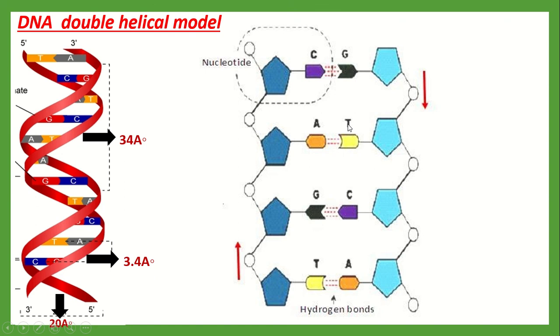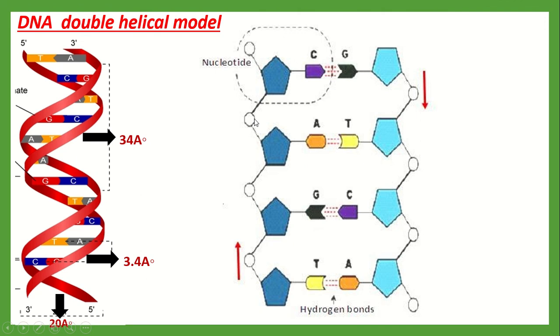The phosphate group is bonded to the 5 carbon atom of one deoxyribose, which is covalently bonded to the 3rd carbon of the next. Okay, everybody see, here is carbon number 1, 2, 3, 4 and 5. This one is a phosphate group.